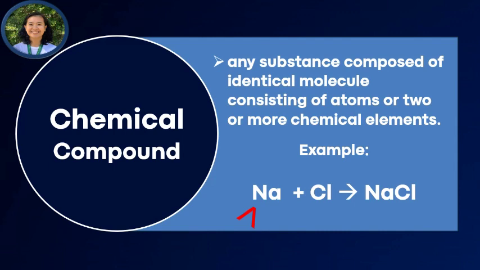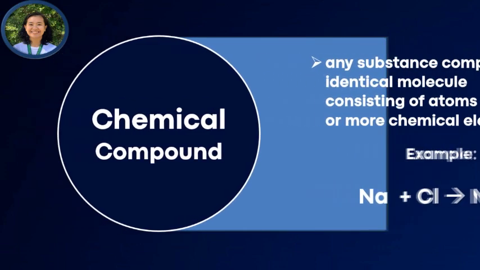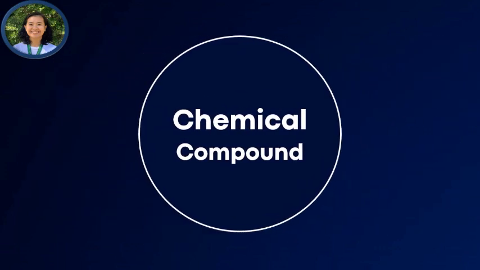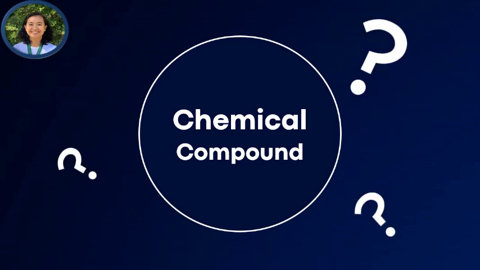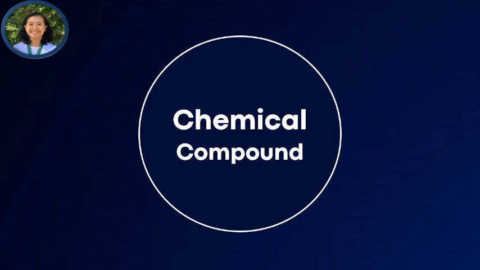The element sodium is combined with the element chlorine. Then they produce a product called sodium chloride. The product they produce is what we call the chemical compound. So, do we all understand what is a chemical compound? Okay, that's good.